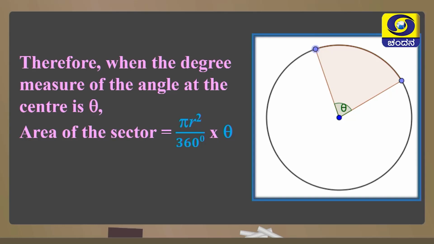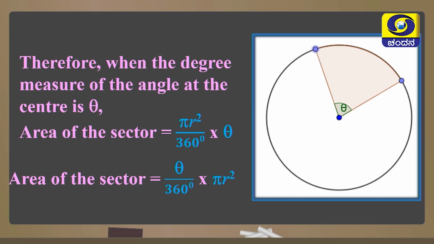With a slight rearrangement, taking the ratio of the angle and then multiplying by the area: area of the sector equals theta by 360 into pi r square.